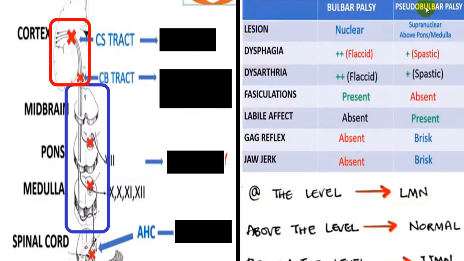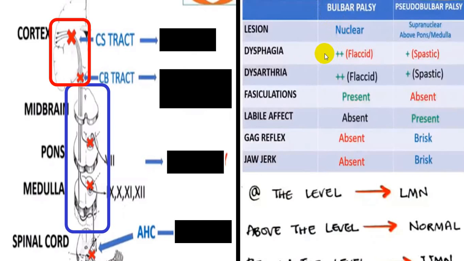This is because of multiple strokes. Bulbar palsy is because of the lower motor neuron involvement of different cranial nerve nuclei, very commonly seen in a case of what we call motor neuron disease. So this is a lower motor neuron nuclear damage.